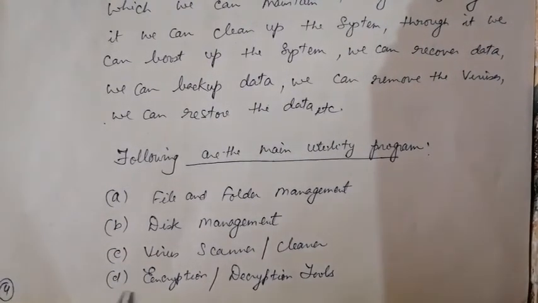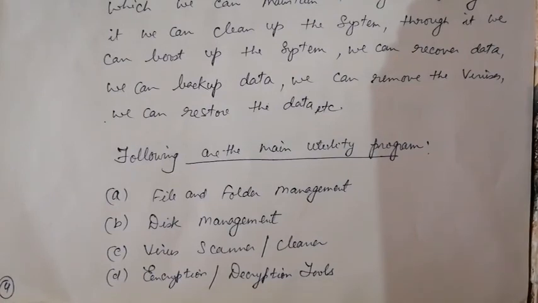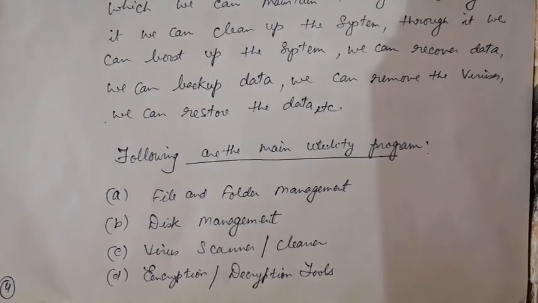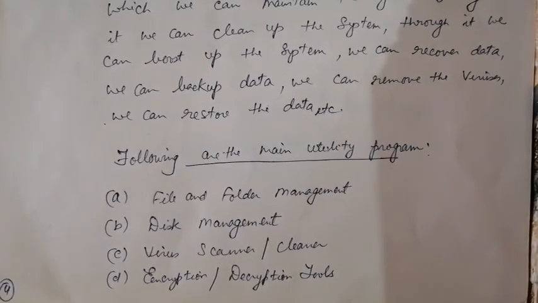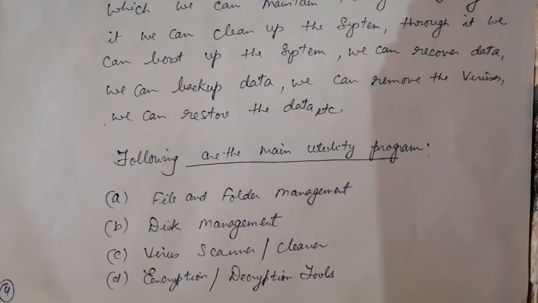Then the third is virus scanner or cleaner, through which we can clean and remove the virus. And encryption decryption software. These are utility tools through which we can encrypt the data to maintain its confidentiality.